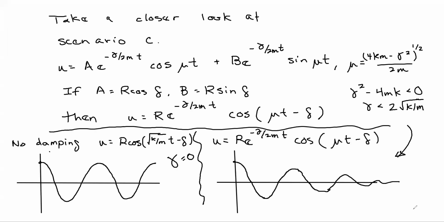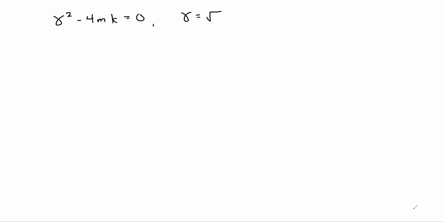The next scenario is we have gamma squared minus 4mk equals 0. So that turns into gamma equals 2 root mk, 2 root k over m.